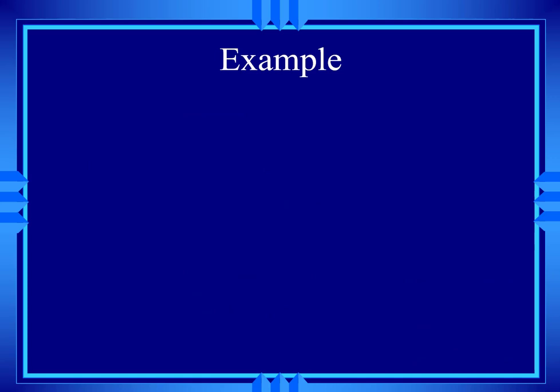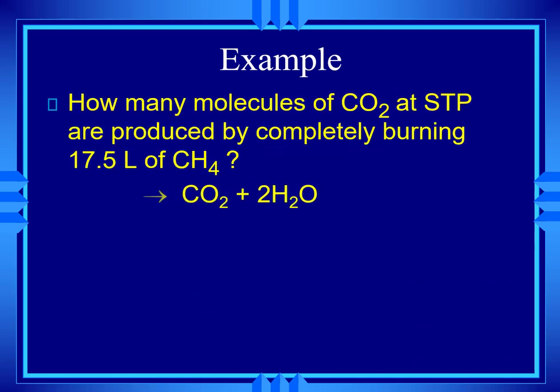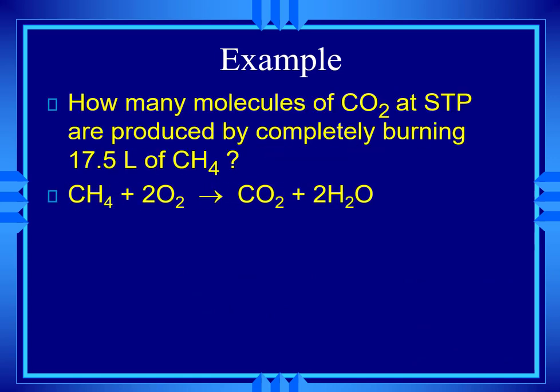So the nastiest one. How many molecules of CO2 at STP are produced by completely burning 17.5 liters of CH4? And there's the balanced equation for the burning of methane.